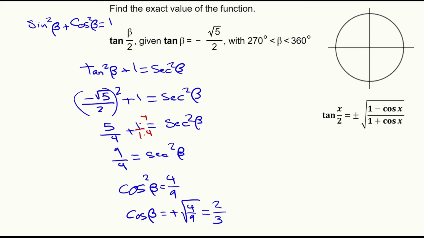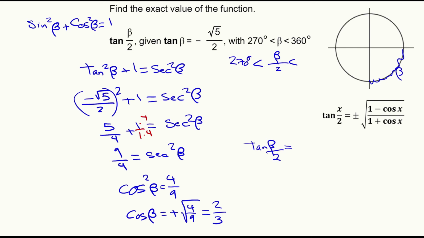So now that we have cosine of beta, we're ready to calculate tangent of beta over 2. Once again, it's important for us to figure out where beta over 2 lives, so that we can determine whether we're going to use the plus or the minus sign. Beta itself lives in this region, but to find out where beta over 2 lives is easy, because we just divide by 2 all around.